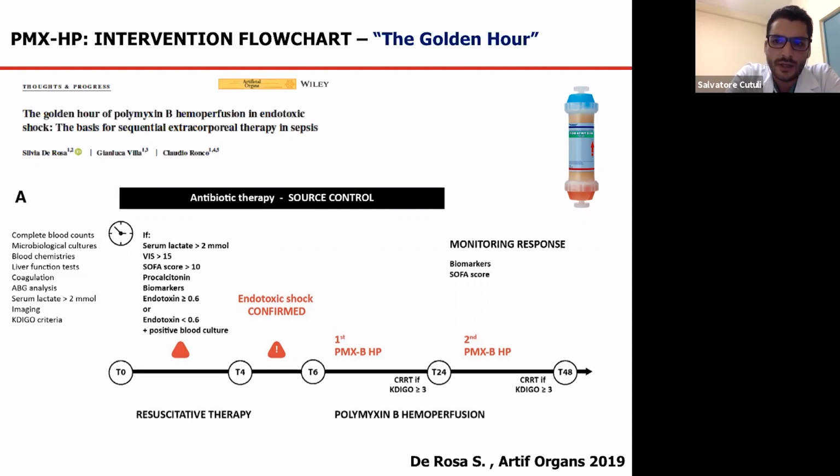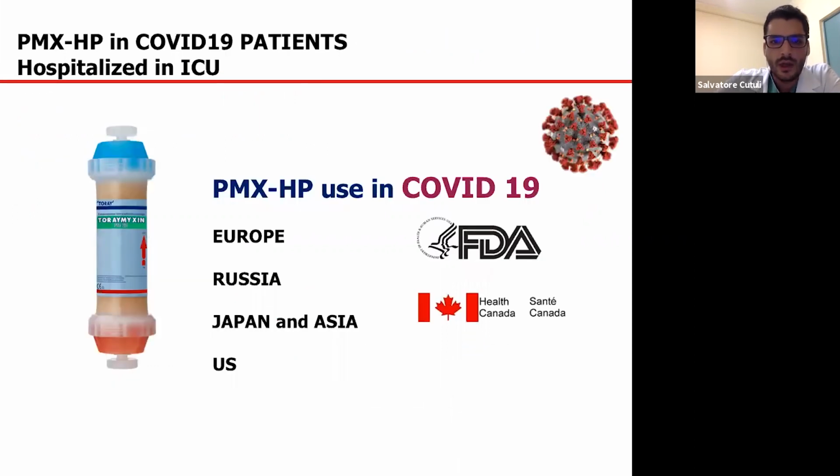Specifically, it should be viewed as a complementary therapy, to be used only when the resuscitative therapy is not effective, so only after we improved organ function as much as we can and the patient is not responding. So probably that is the best role for this therapy in clinical practice.